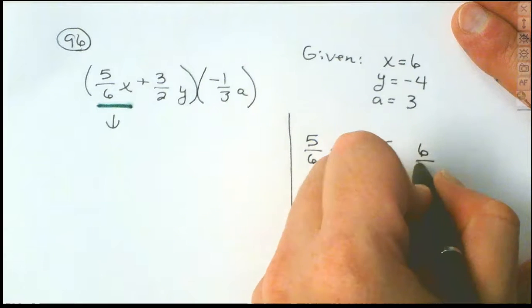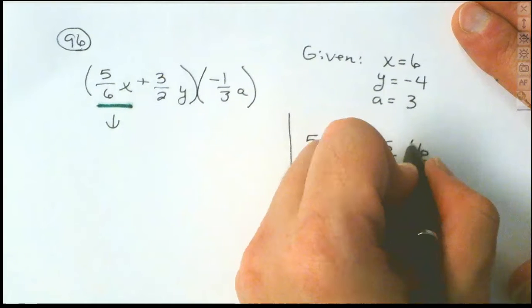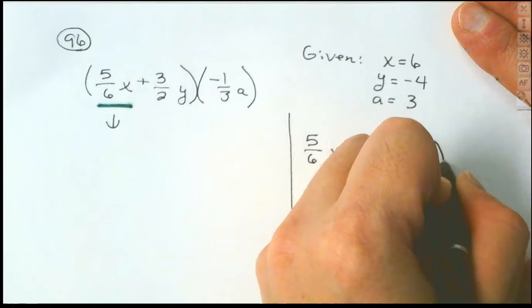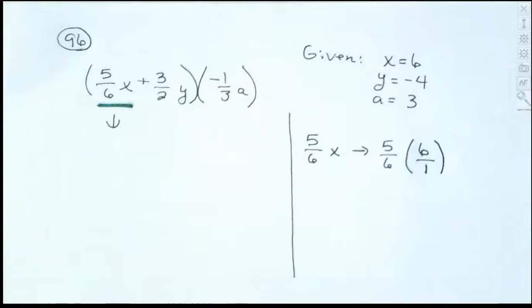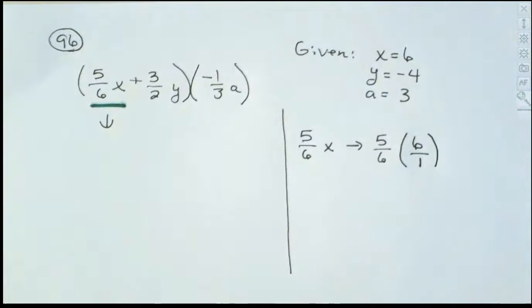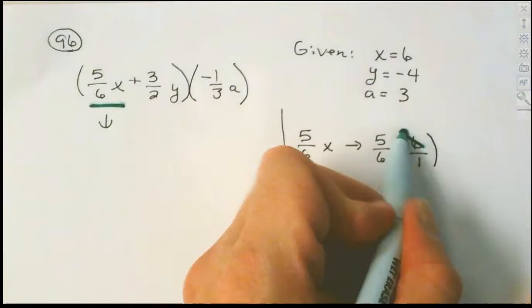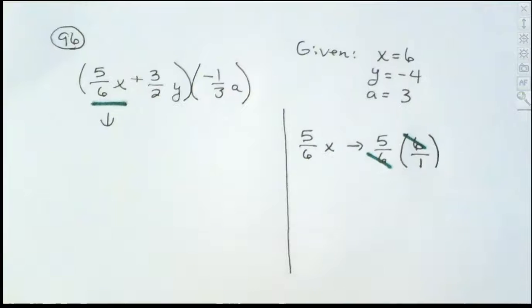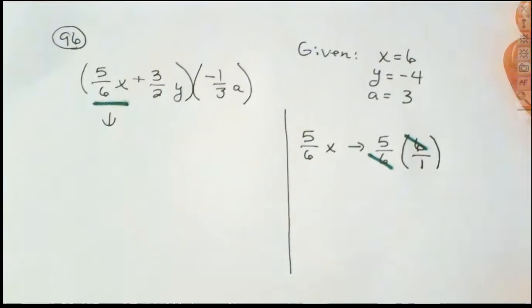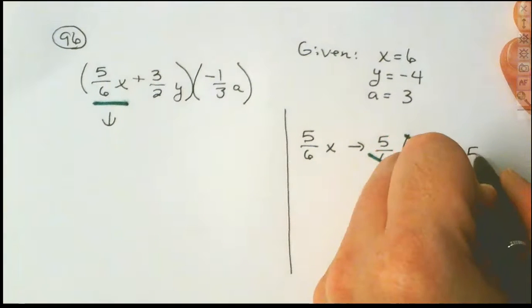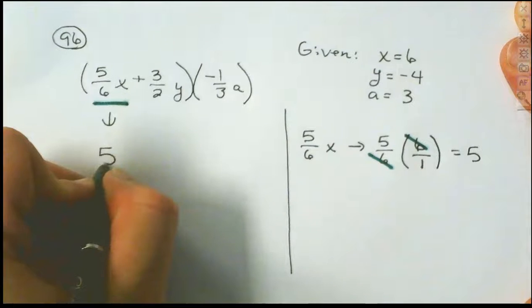And I'm going to make that 6 a 6 over 1. And whenever we plug in a value, we want to use parentheses. So I replace that x with the 6 there. Now, again, very nice and easy on this one because what are we doing? Multiplying. So what can we do with the 6's on the diagonal? We're multiplying, right? So these 6's can cancel. And what's left over? 5. So that comes out to be 5. So there's that piece.